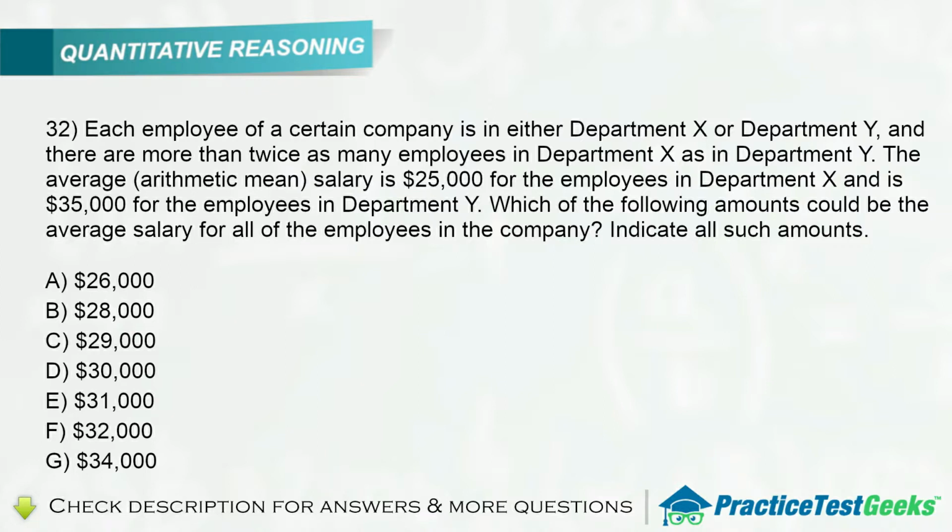Indicate all such amounts. A. $26,000. B. $28,000. C. $29,000. D. $30,000. E. $31,000. F. $32,000. G. $34,000.